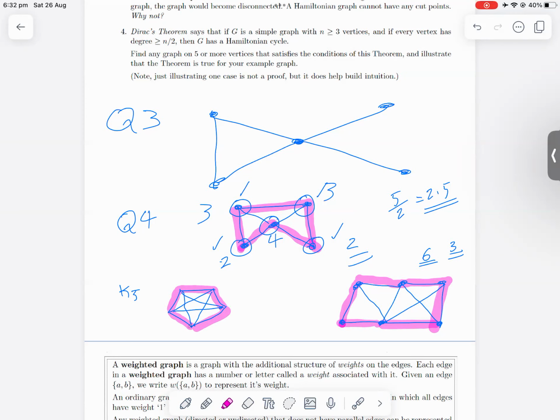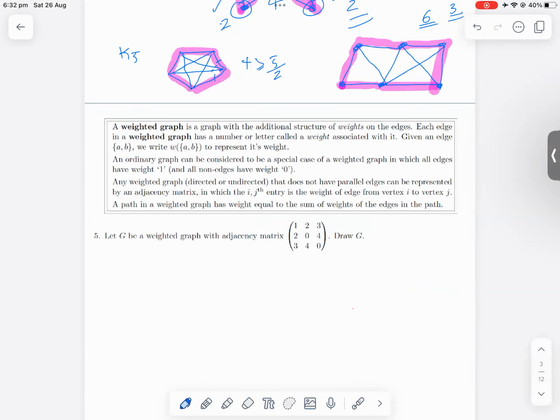We use every vertex just one time. And the degree of every vertex is 4, which is more than 5/2. Okay, these are the examples about Dirac's theorem. All right, so now we go to this question.